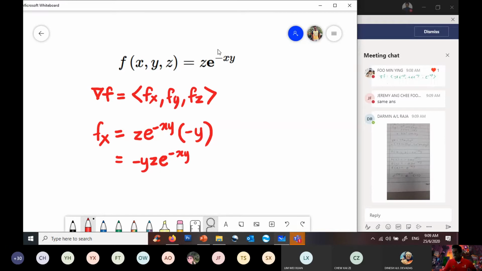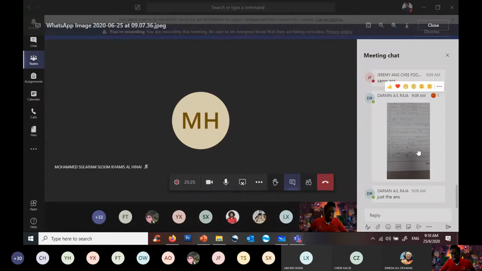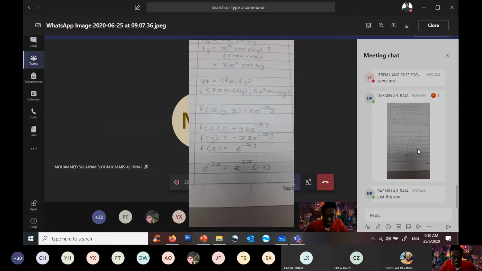Okay, yes, correct. So the negative y is because when you are using chain rule. So it's more like, what do you get if you differentiate negative xy? You will get negative y. So that is the thing that you multiply. Oh, it's just the answer there, I see, yep.